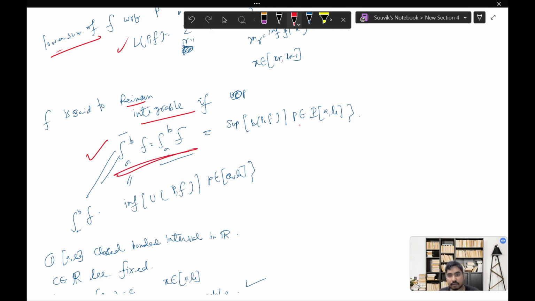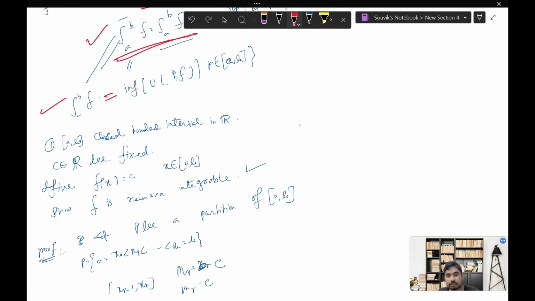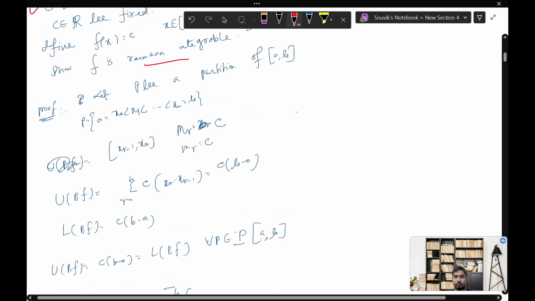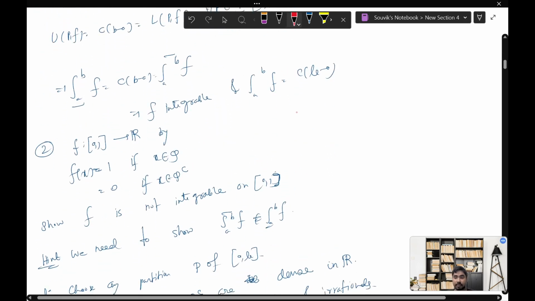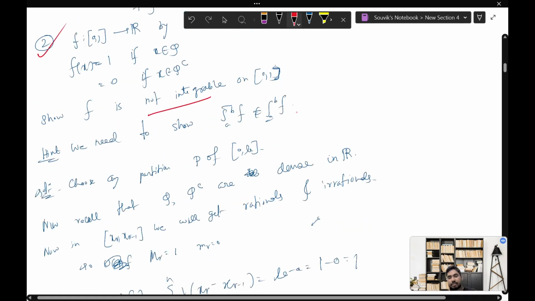Then the first problem we did is that a constant function is always Riemann integrable. We proved it using the definition. Then we showed that the function which is zero at rationals and one at irrationals is not integrable, again using the definition.